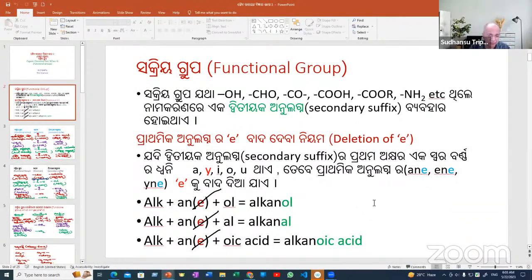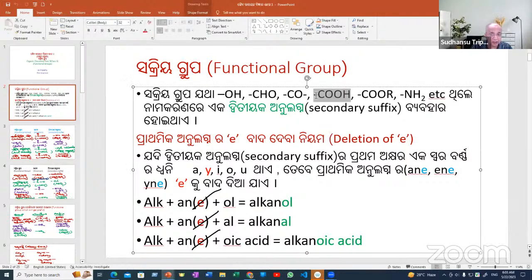So today we shall be revising the naming of compounds having functional groups with priority order, which is the carboxylic acid as number 1. And then among all these which I have written here, then comes ester, then aldehyde, then ketone, then alcohol, then amine. So that is the priority.